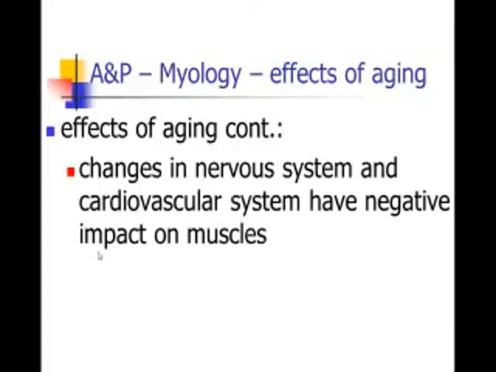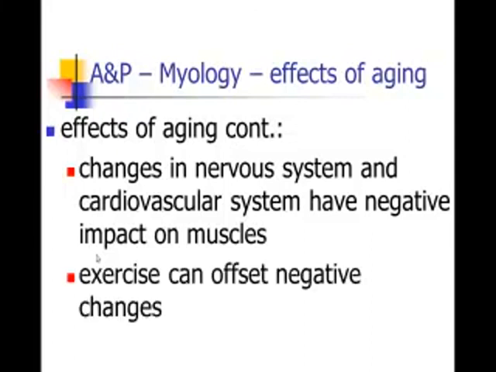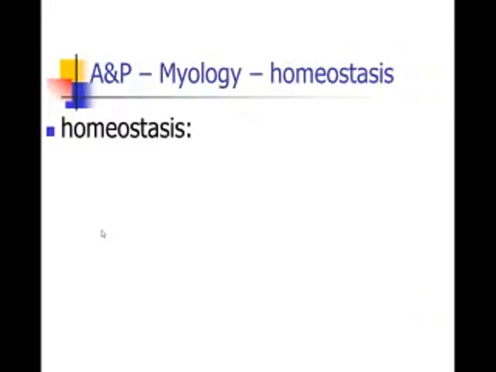There are also going to be changes in the nervous system and cardiovascular system that have a negative impact on the muscles and their ability to do what they used to do when the person was younger. One of the things that can help offset these changes is exercise. If a person exercises regularly, you can actually diminish the impact of that.